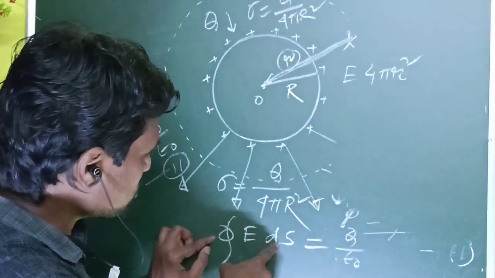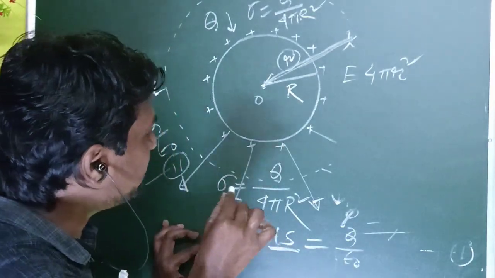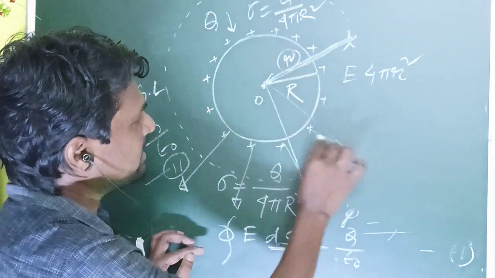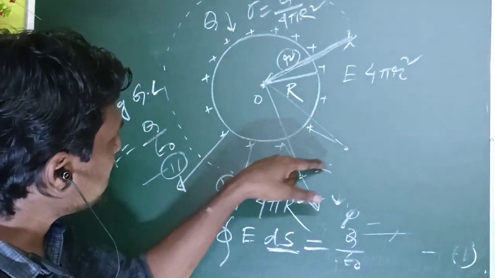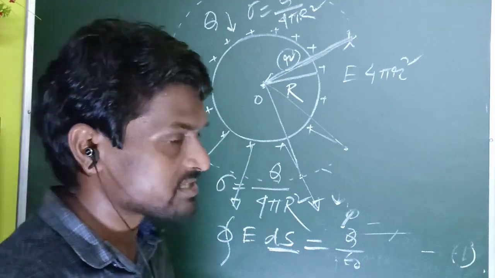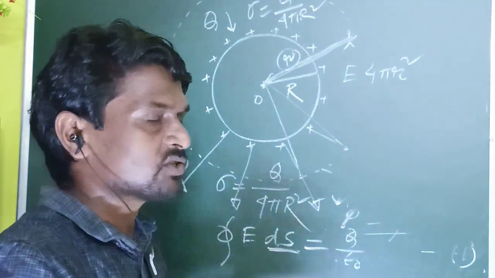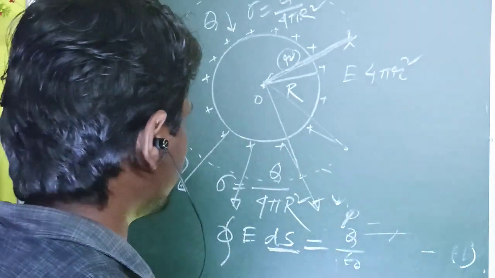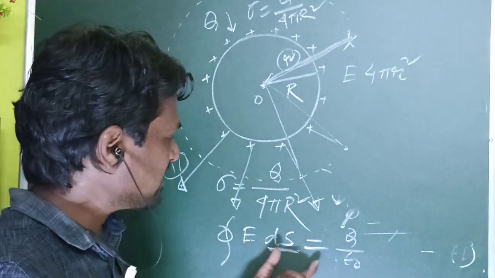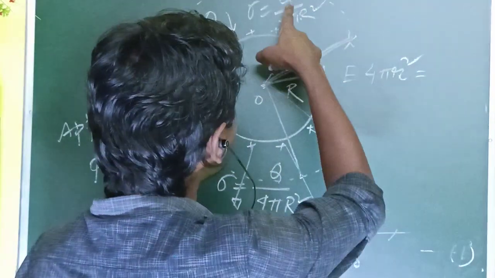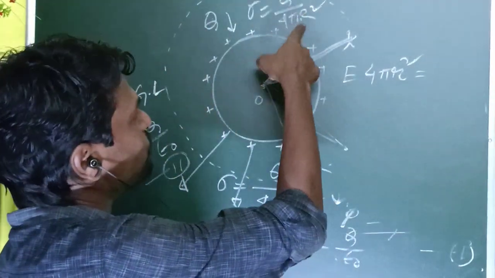So in the closed integration of ds, the electric field is a constant value E, since all the points on the Gaussian surface possess the same electric field intensity. So E times the closed integration of ds equals Q by epsilon naught, and Q is sigma into 4 pi r square.